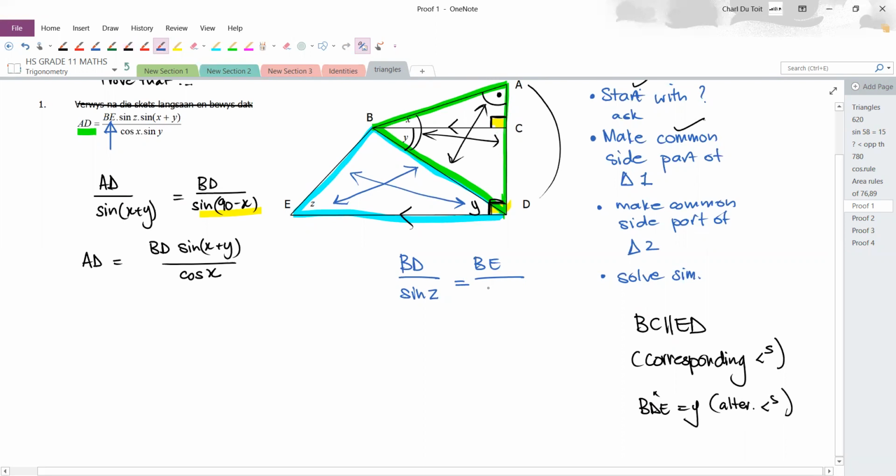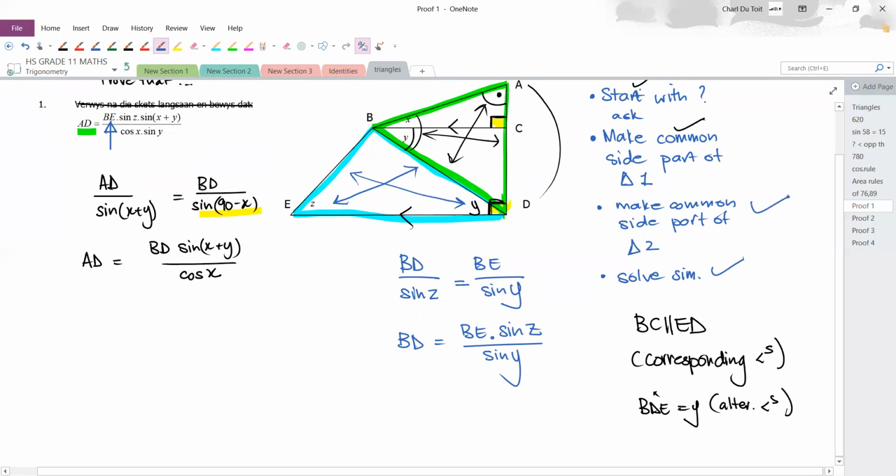So that's sin Y. I don't think that your triangle work is as good yet as it can be. Okay, so I'm going to make BD the subject. BD is the same as BE sin Z, because I multiplied with sin Z right through, over sin Y.